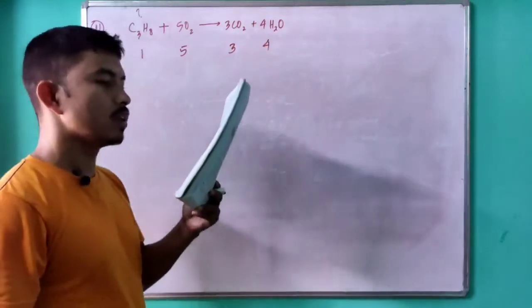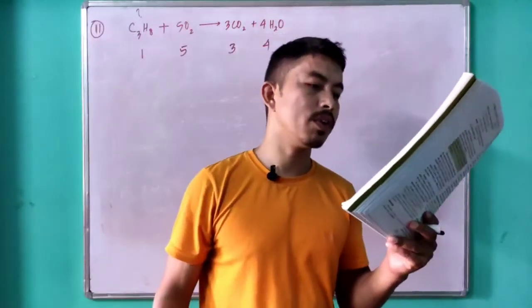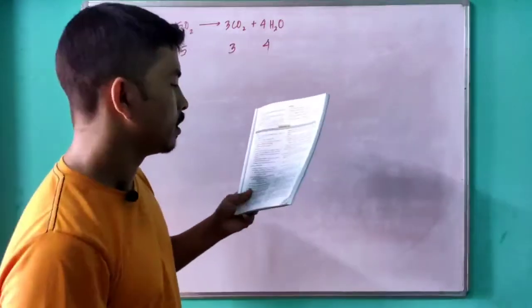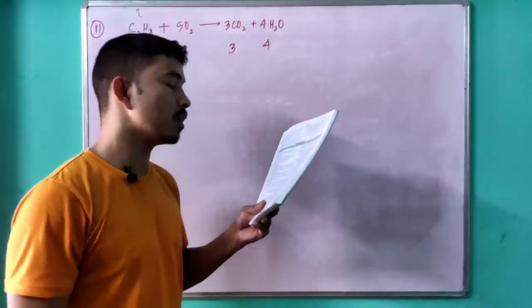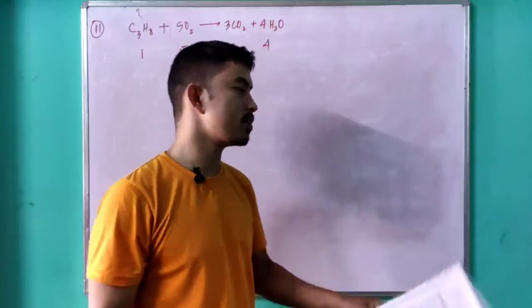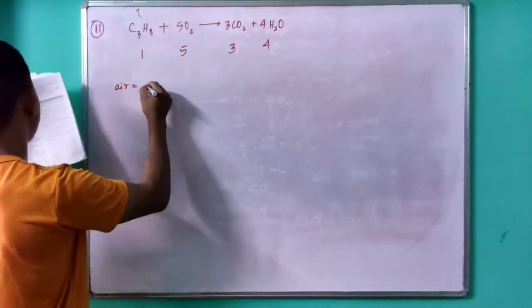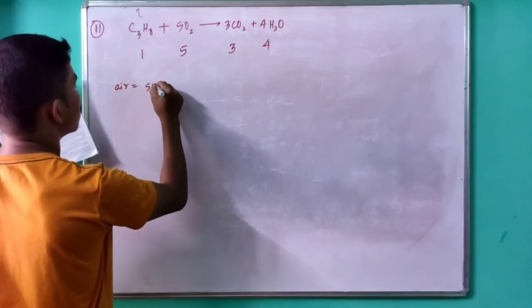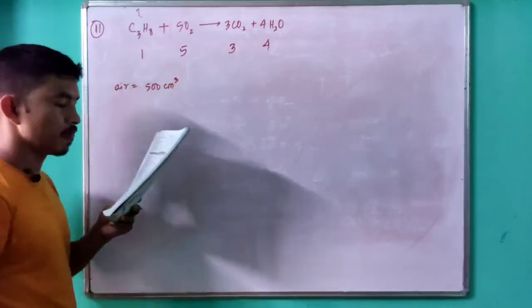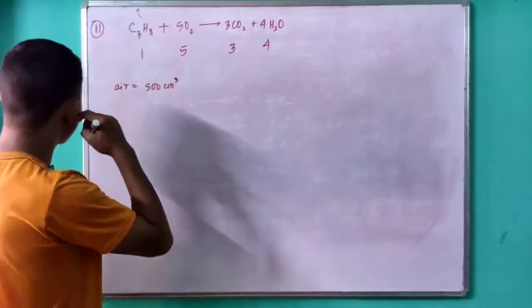So according to the question, 500 centimeter cube of air is used, and the air contains only 1/5 of oxygen in it. So how much air is used? The air used is 500 centimeter cube.